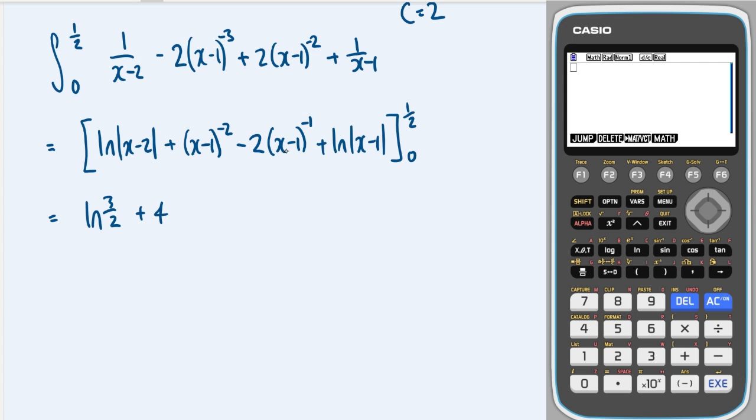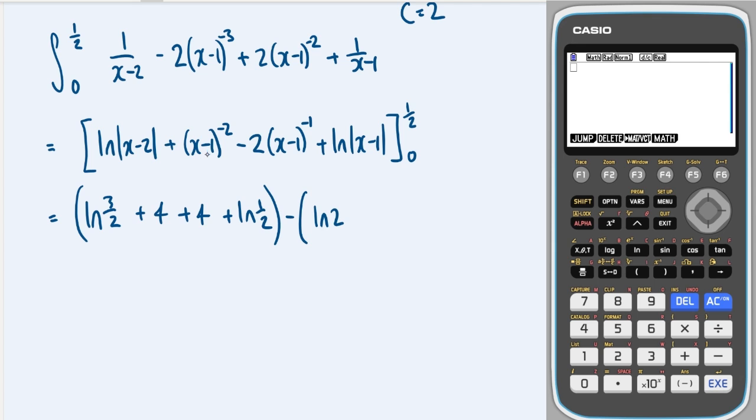This one we're going to get minus a half again, and we're going to flip it to get minus 2, times it by minus 2 is going to give me 4 again. And here we're going to get a half minus 1 is minus a half, modulus it 1/2. Okay, take away, subbing in 0, this is going to give me ln of 2 once it's been modulused.